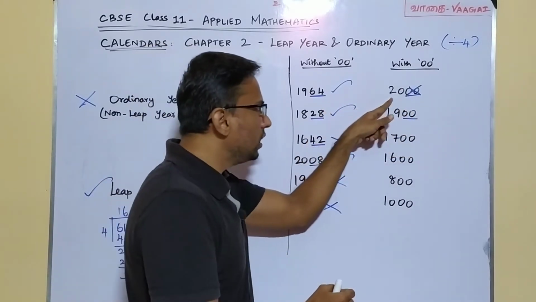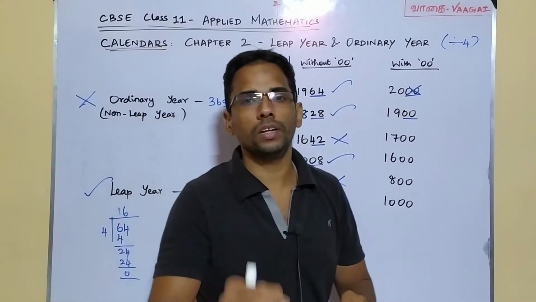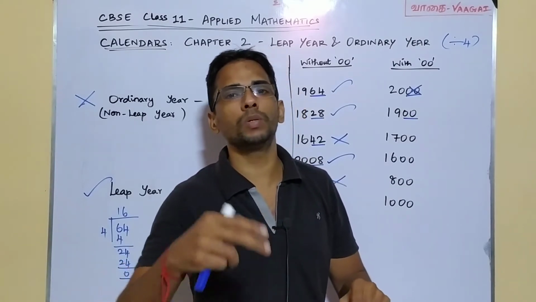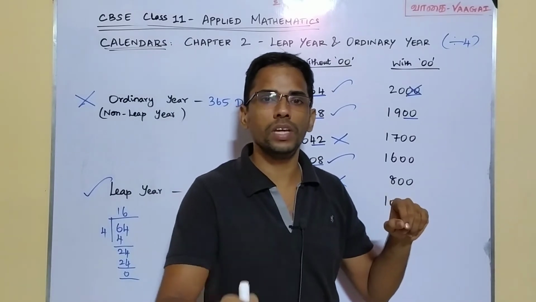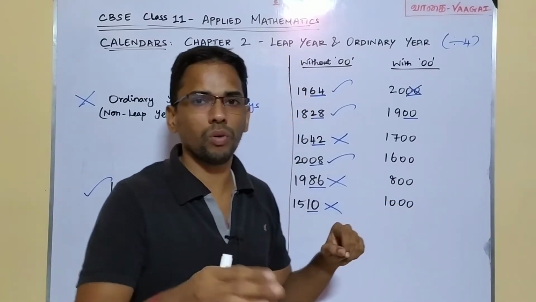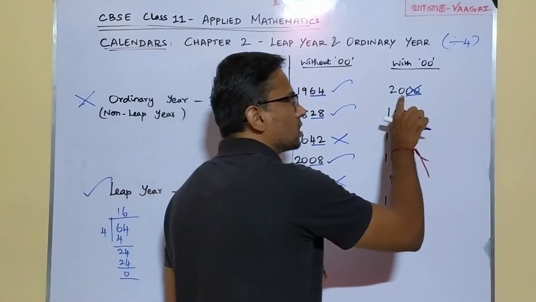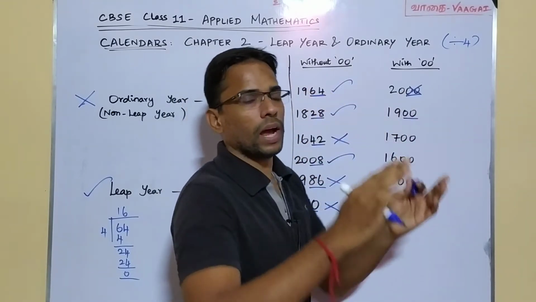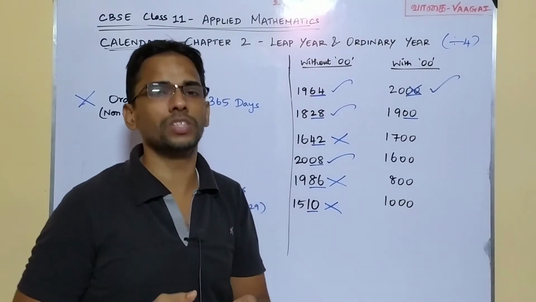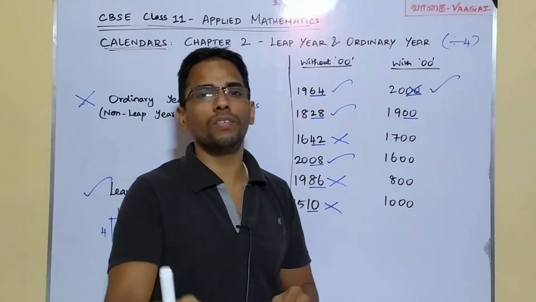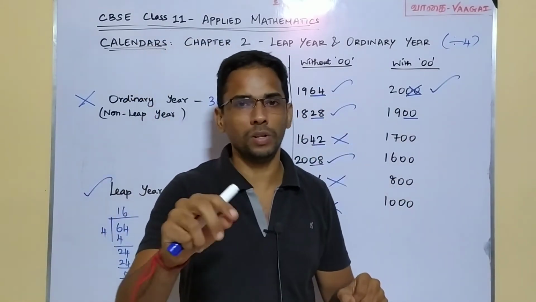You have the number 20 here. Now check whether 20 is divisible by 4 or not. Yes, of course 20 is divisible by 4. 4 5s are 20, right? So this 20 is divisible by 4, and so this year 2000 is a leap year. This is how you need to check when you are given a year which is ending with double zeros.